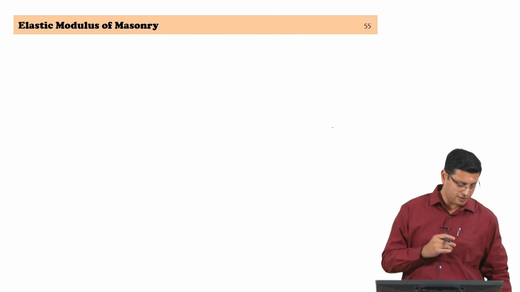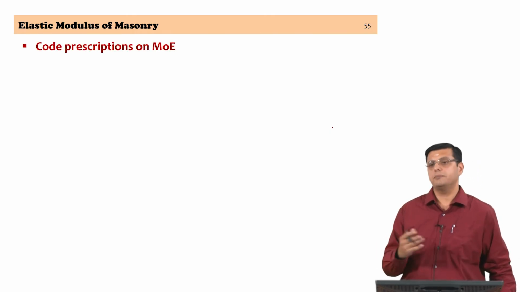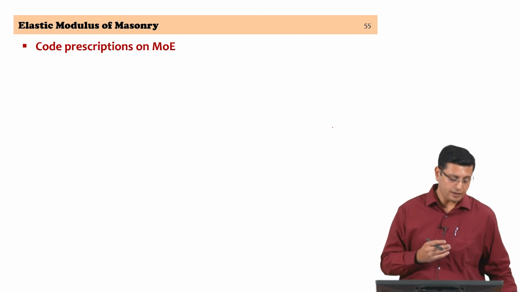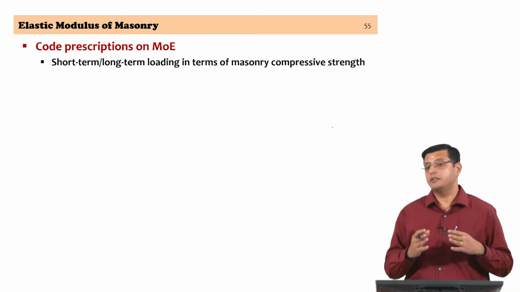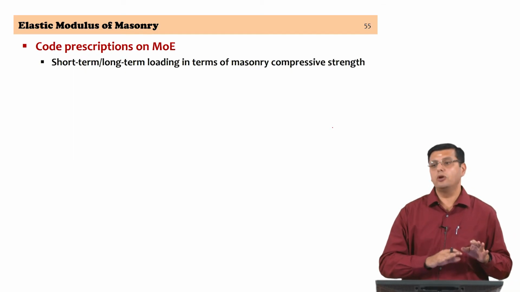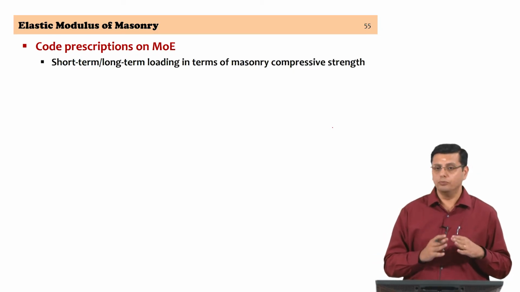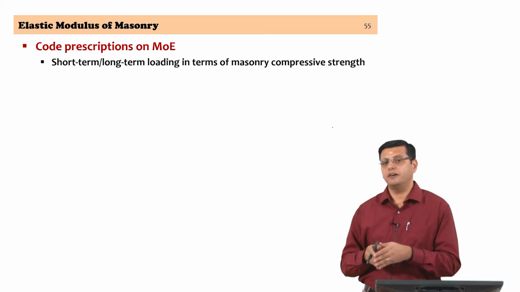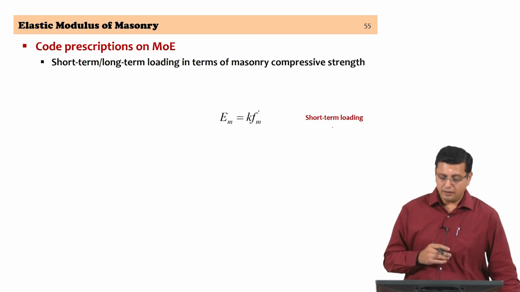So, what is typically prescribed by the codes is a relationship that is based on the strength of the masonry in compression, okay. So, what the code, if it distinguishes between short term loading and long term loading, which the code should mostly do, is to give the modulus of elasticity as a function of the masonry compressive strength.